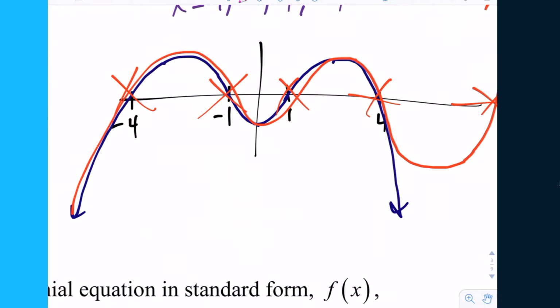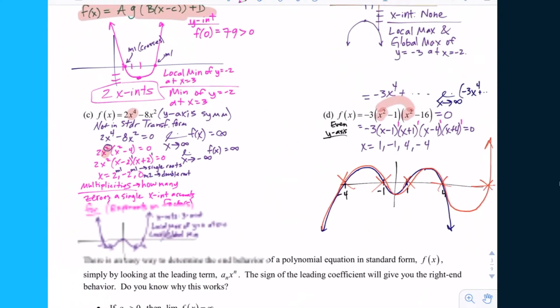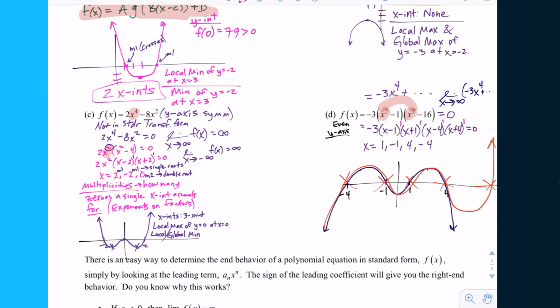It can have 0, 1, 2, 3, or 4. So any number down to 0, but no more than 4. But in terms of the relative extrema, the only ones that we drew had just either 1 or 3.